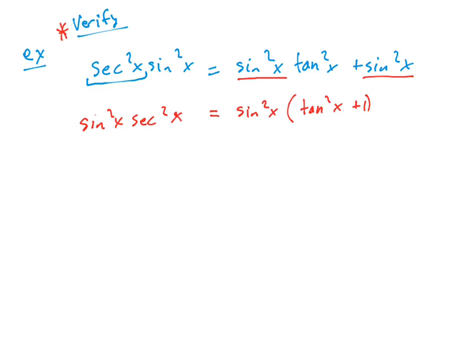Because we don't know this is true, I can't just divide both sides by sine of x. In other words, I can't just cancel these two sine of x's. So we can't do that. That is one common mistake that I see: students will cancel terms or subtract terms from both sides. Can't do that. Let's look at a second example of this idea.